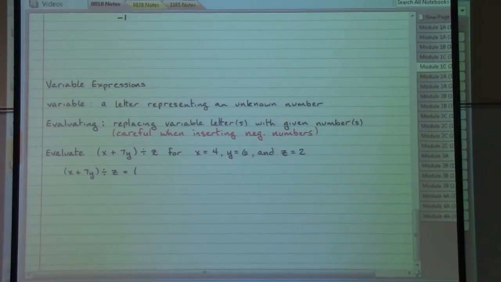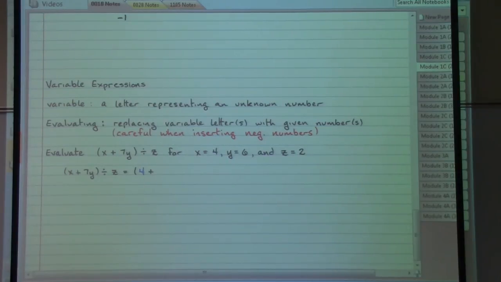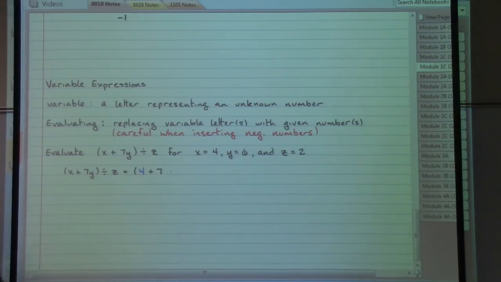We have a set of parentheses, then we see an X. Let's replace the letter X with the number that they give us, which is a 4. And that's going to be followed by a plus 7y. Well, that means 7 times y. No symbol in between them means we default to multiplication. 7 times the specific number that they give us for y, which is 6.